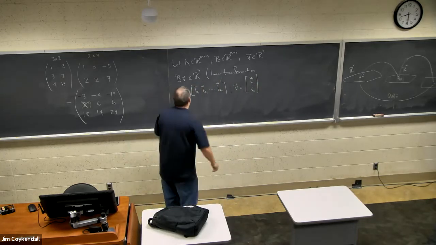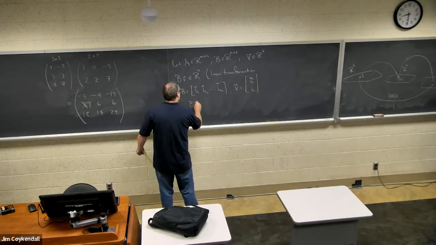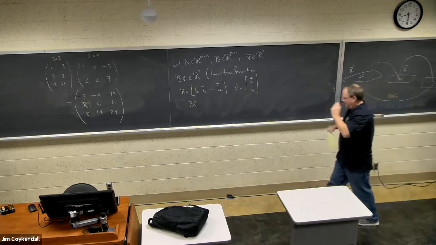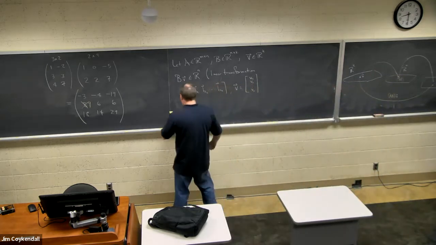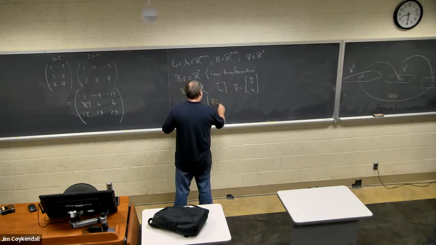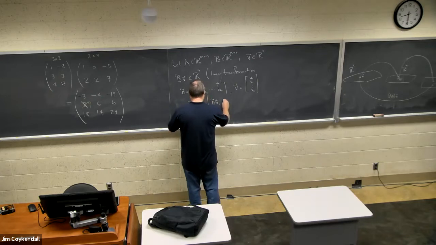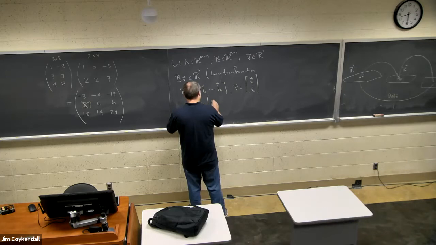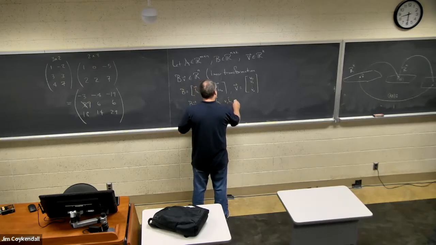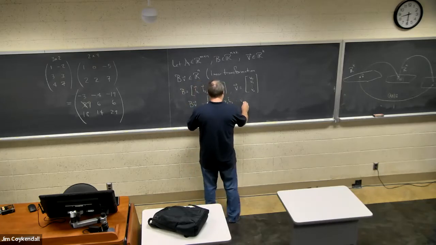So when I did Bv, when I did my first jump over here, this is just v1 b1 plus v2 b2, and so on.